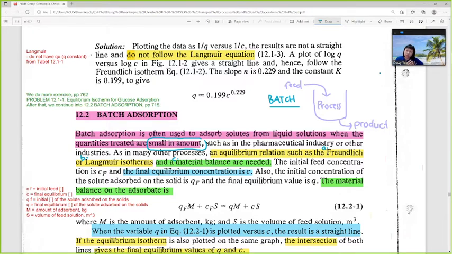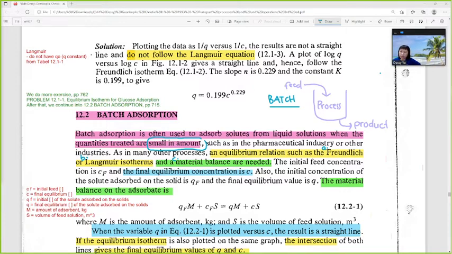If we go back to the previous discussion in 12.1, Introduction to Absorption Process, we just used the equilibrium data in a curve and then got the trend line to solve the problem.